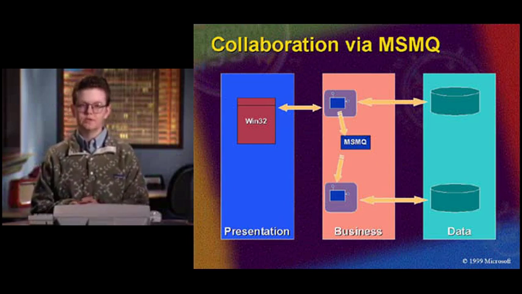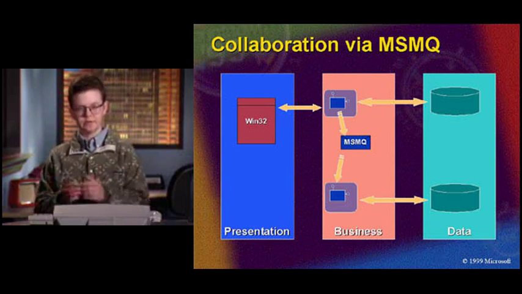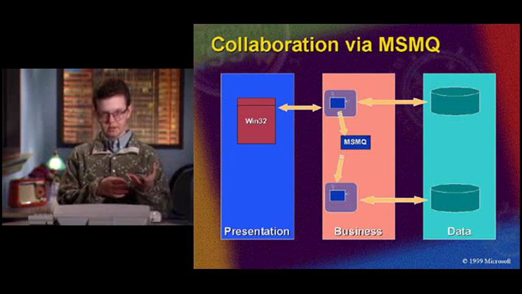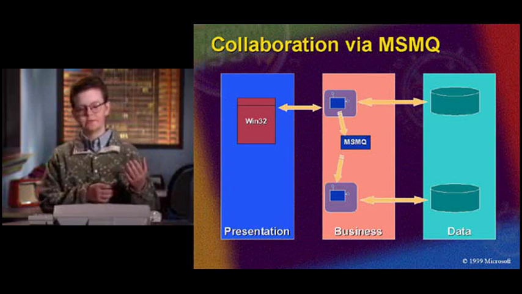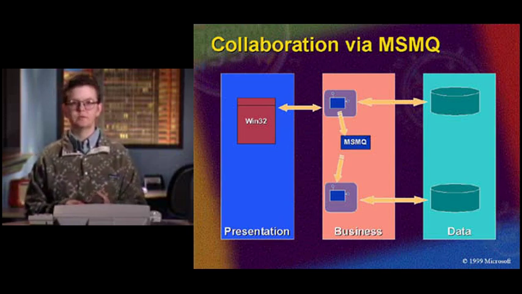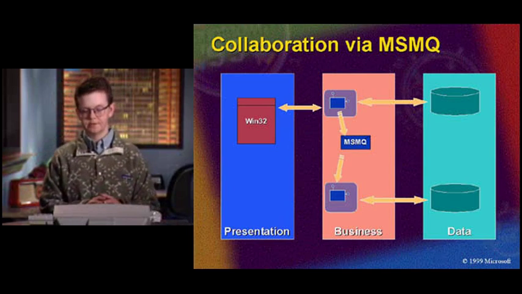So what you can do is you can use messaging to pass information from one application to another. You have a front end that talks to some application and does some amount of work, and that application then sends a message to a message queue, and MSMQ is responsible for sending it on to other applications that might want to use it.